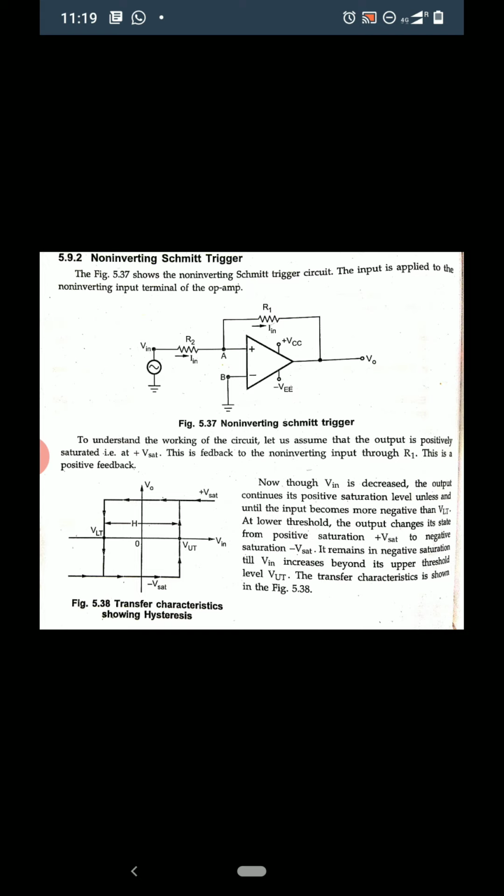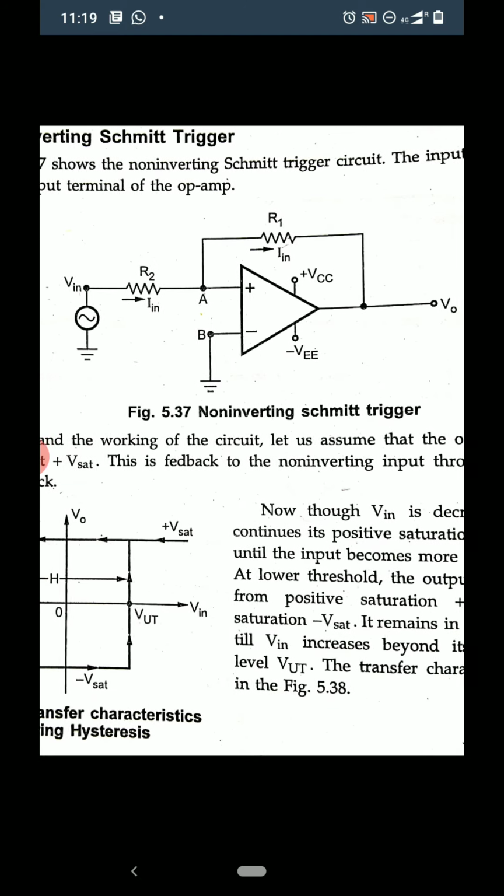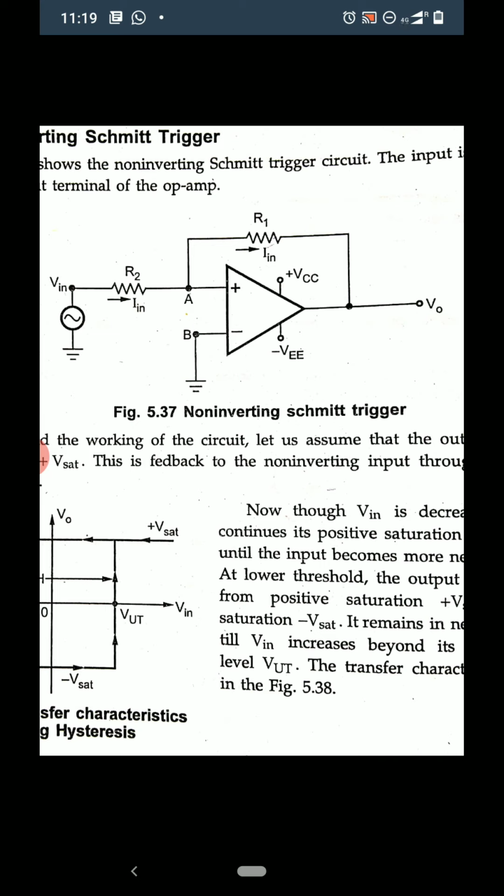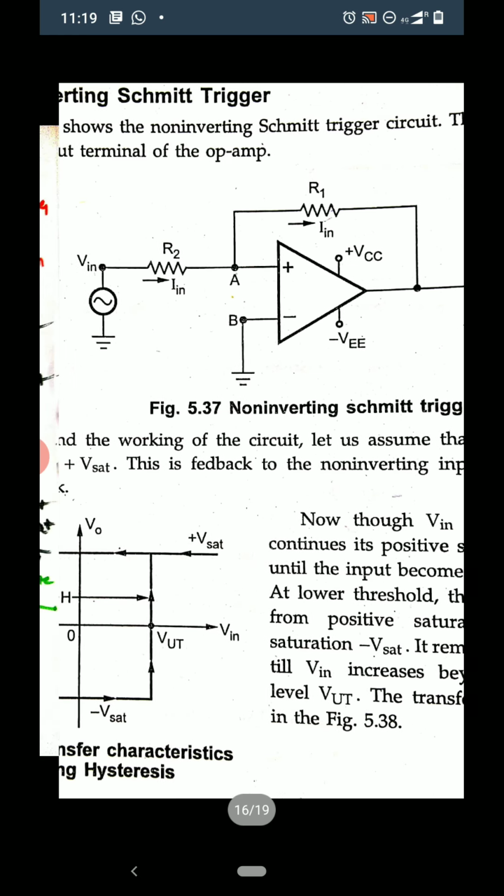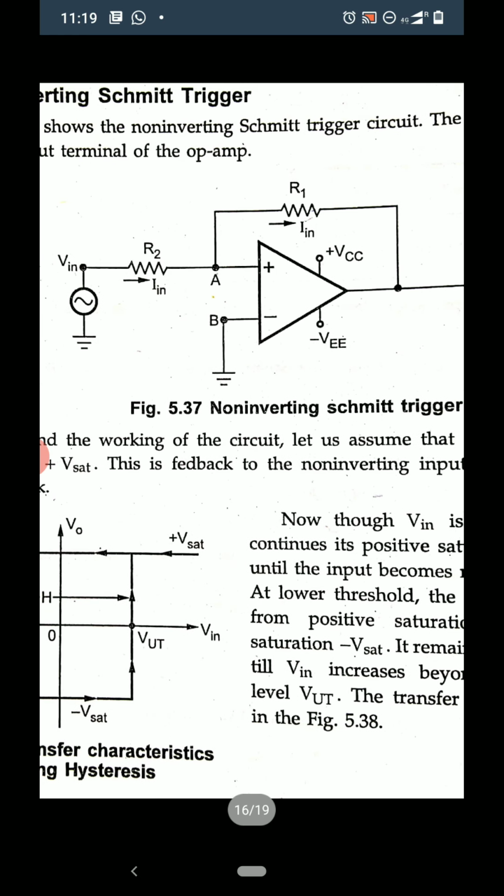Okay, still I will just give a glimpse of this. Try to understand the diagram and compare with the inverting type of Schmitt trigger. Here, non-inverting Schmitt trigger, because of this the input is given to the positive terminal, negative terminal is grounded. Now here point A will act as a reference voltage point. You remember this, because the negative terminal is grounded, the negative terminal has not been given any reference voltage or input supply.